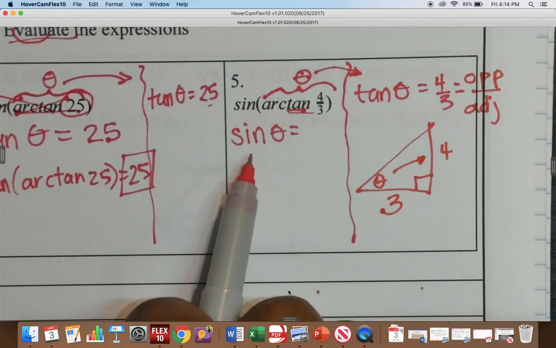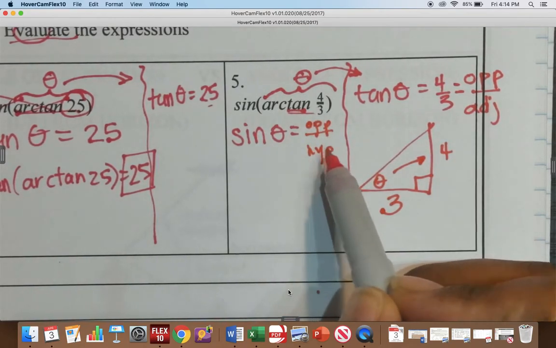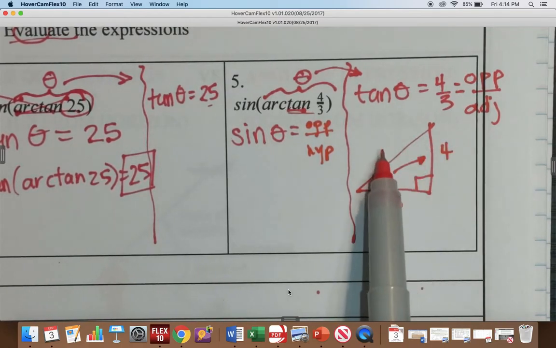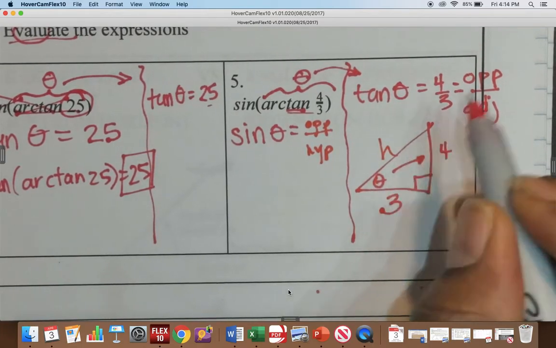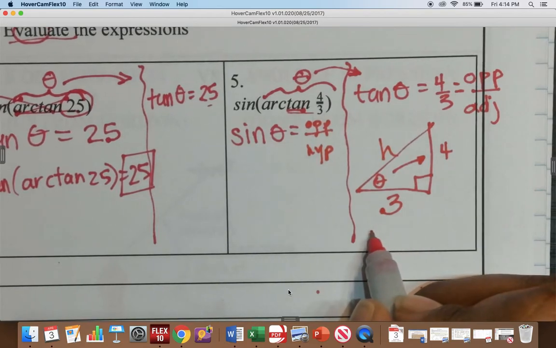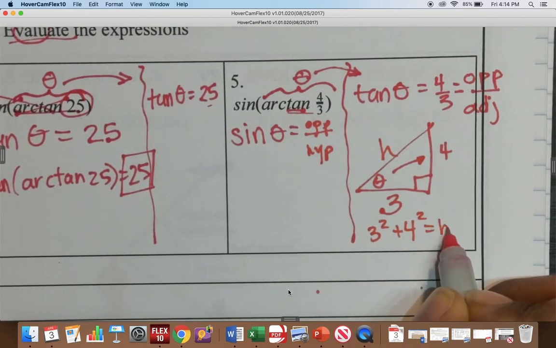Now I'm asked about sine, and sine is opposite over hypotenuse. So I actually know some information. I know the opposite side is 4, and I can use Pythagorean theorem to figure out what the hypotenuse is. I'm going to call this h. All right, so we say, okay, Pythagorean theorem says a squared plus b squared equals c squared.